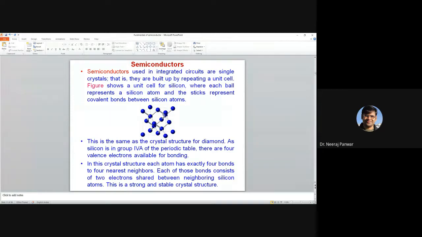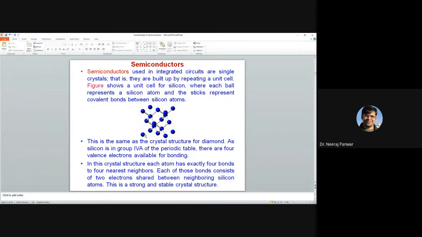So here these spheres represent the atoms, and these sticks represent the bond between two silicon atoms. Generally, most semiconductors crystallize in the diamond structure.